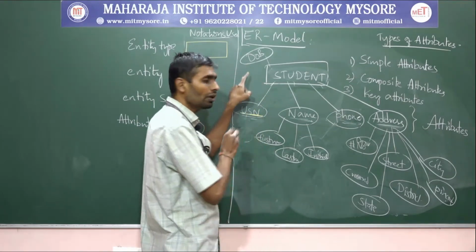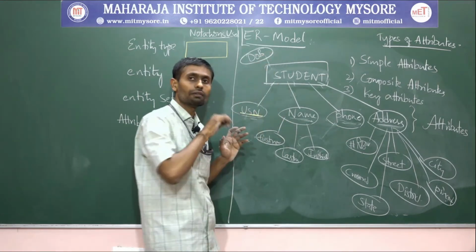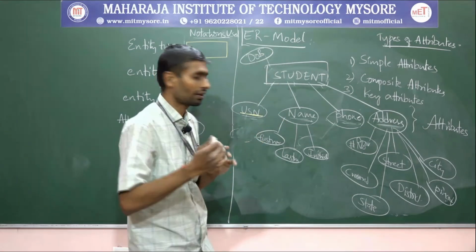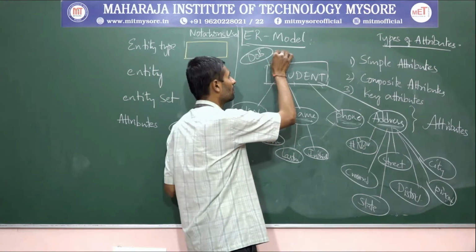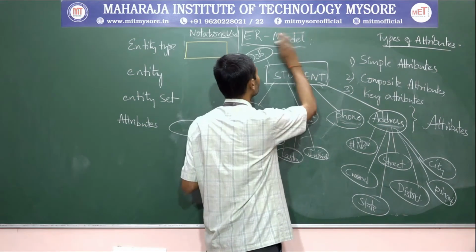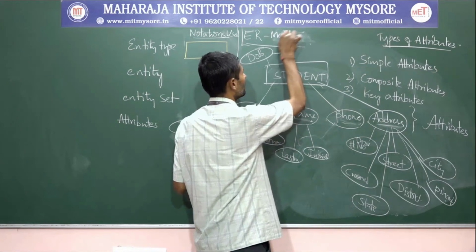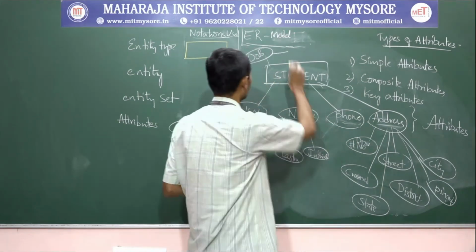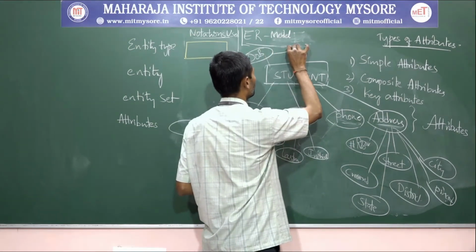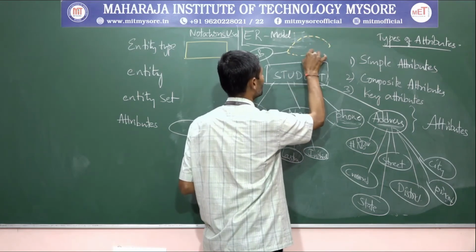So let's say date of birth, what are we doing? Date of birth we are storing, right? With the help of this date of birth, we are deriving one more attribute. What is that, guys?